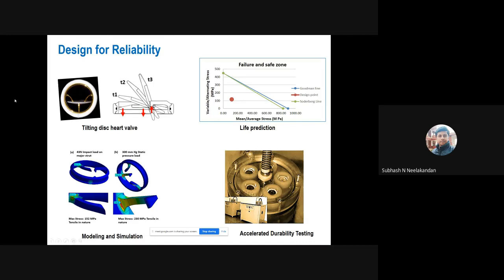The person is expected to live more than 80 years, so the device should be designed for a safe service life of 50 years bare minimum. Assuming the heart beating rate of a healthy human being is around 72 beats per minute, 50 years of service life inside the human body will be approximately 2000 million cycles, or around 2 crore cycles. That means this device will be working 2 crore cycles of operation inside the human body.